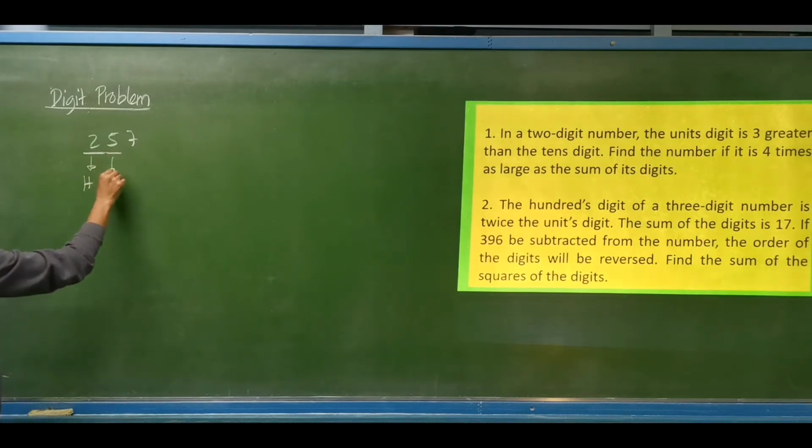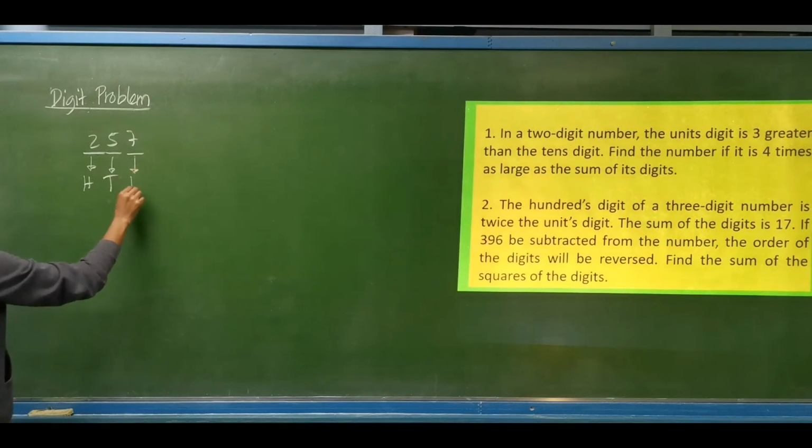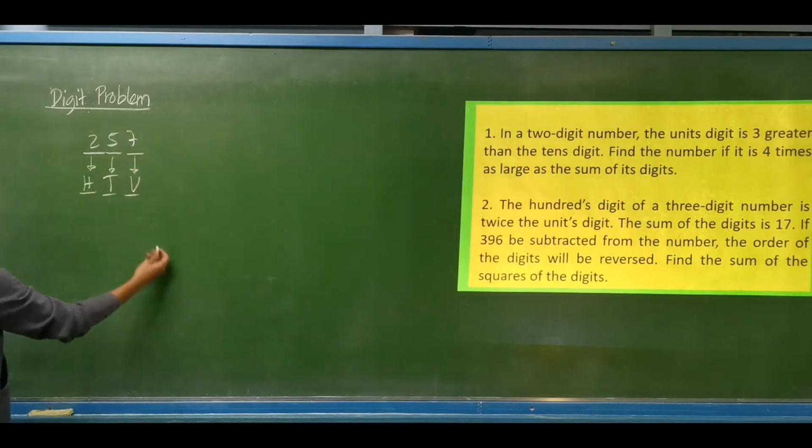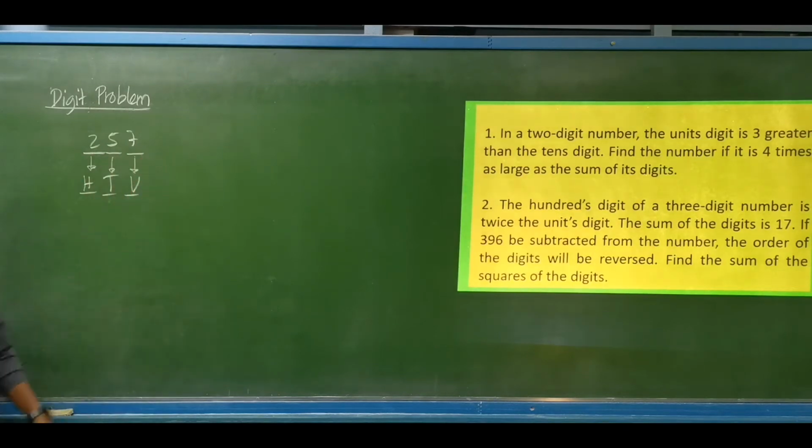We have 5 as the tens digit. Then 7 is the units digit. So how do we present 257? For example, we don't know these 3 numbers. That is the same as 100 times h, that is for the hundreds digit, plus 10 times the tens digit plus the units digit.